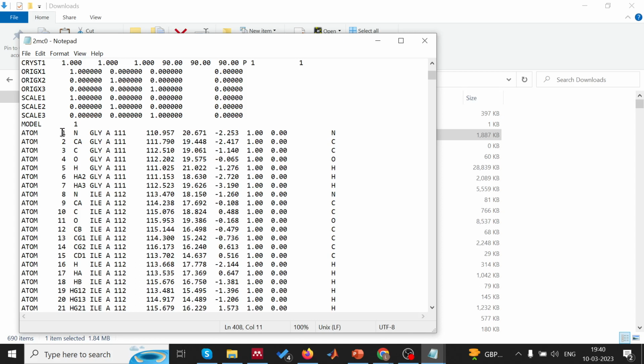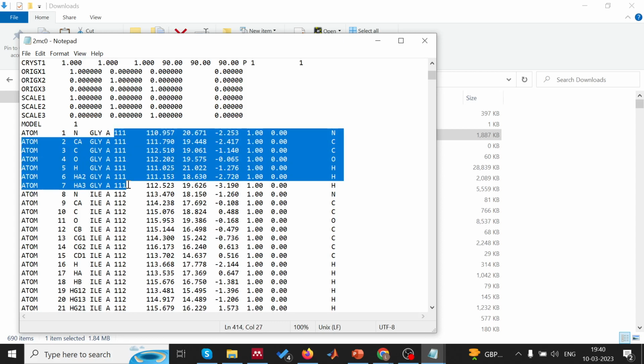So this might be 1 according to the atom, but look here that the first 7 atoms belong to the first residue, but the residue numbering according to this structure deposition is 111. There might be a full-length version where the residue numbering starts from 1.